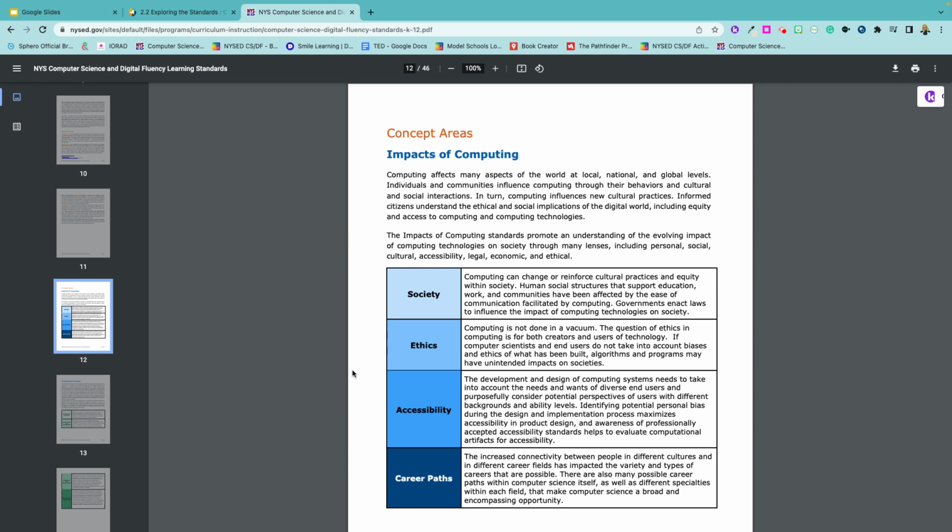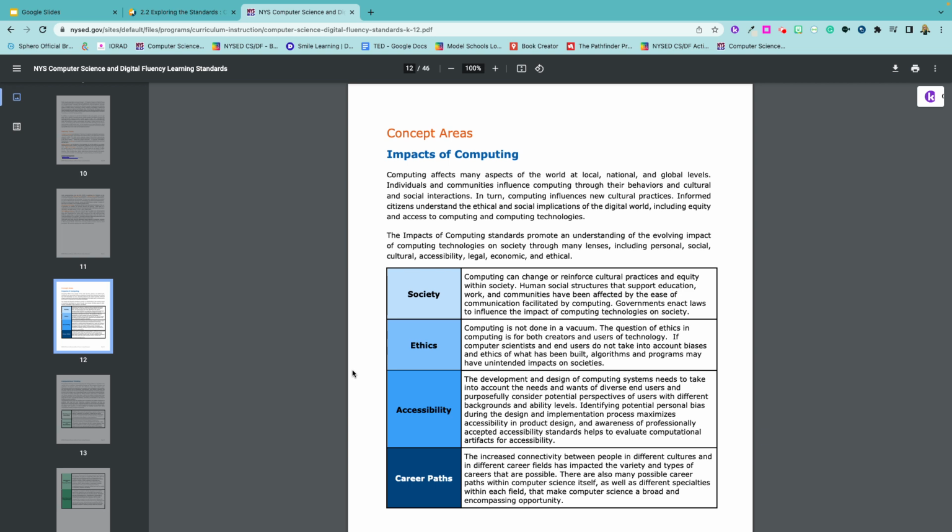The first one is society, thinking about how our human structures function when we're talking about society. And then it goes on to ethics, where we're thinking about whether or not what we're creating and what we're using technology for is ethical. We want to think about bias, and about the different ways that we create our computing programs, and what impacts they may have, both positive and unintended, on society.